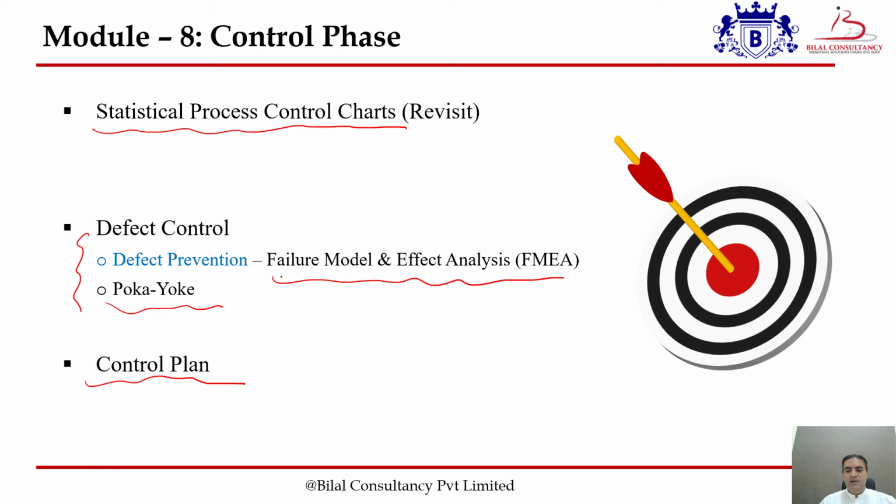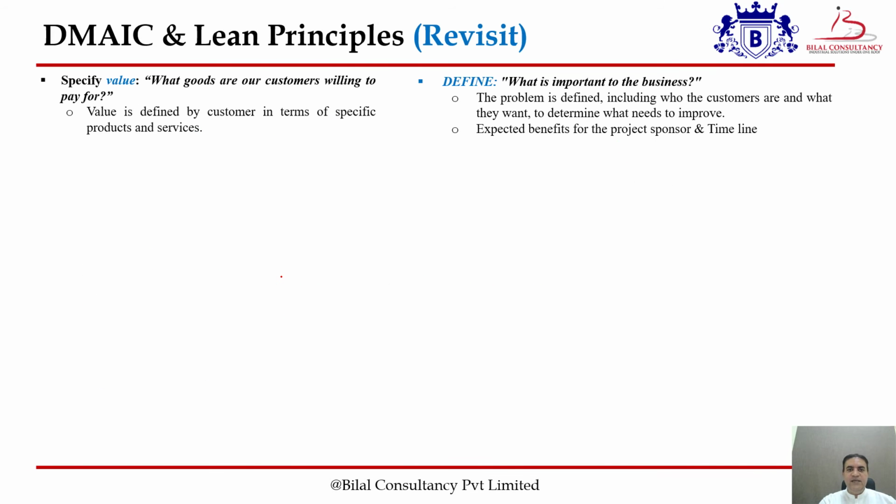Okay, let's quickly revisit our DMAIC and lean principles. As we know, in the value phase of lean as well as in the define phase of DMAIC, we are trying to get almost the same questions answered. Like we were discussing the DMAIC cycle, in the define phase we are trying to get the answer of what's the benefit of doing this particular project.